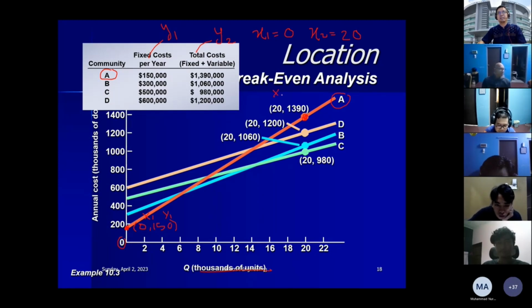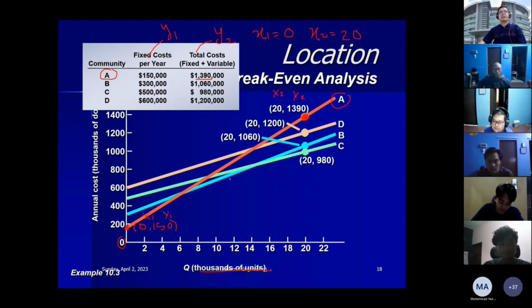So for x2 we will get 20, and y2 we will get 1,390. So plot here and plot here, and make a linear line for line A. Clear?